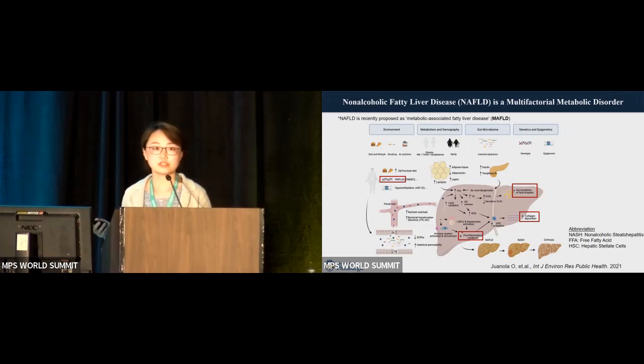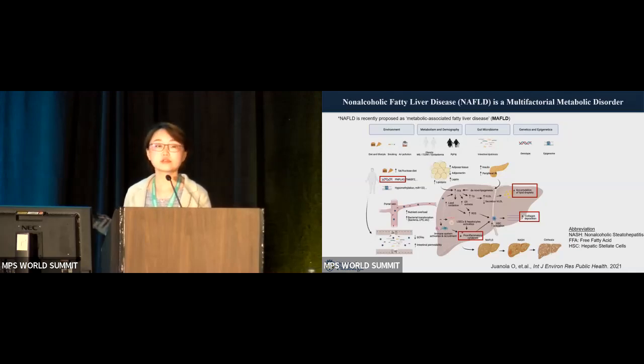Due to the complexity and heterogeneity of this disease, NAFLD is recently proposed as metabolic associated fatty liver disease, MAFLD. So the starting point of our project is focusing on one of the most common variants that have been identified in the gene PNPLA3, as highlighted here, which I will talk about more in my later slides.